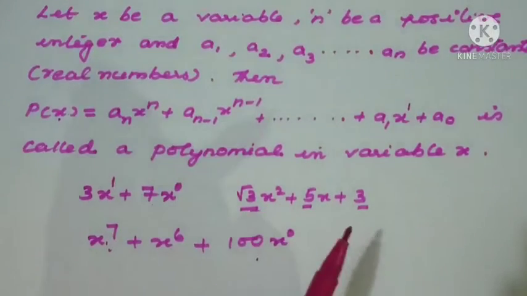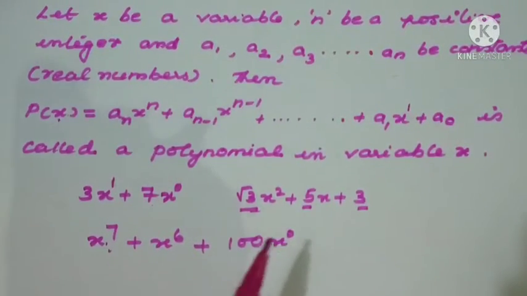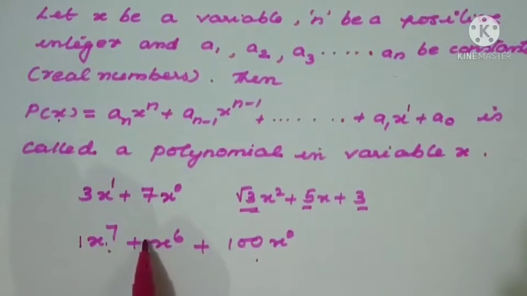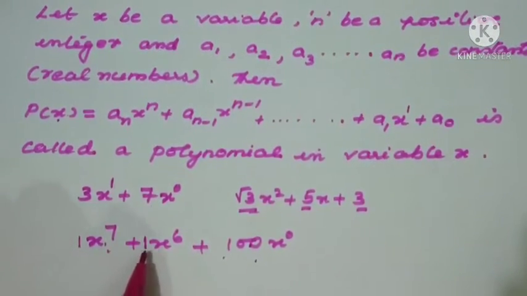So the power of x is a positive value, or a whole number is confirmed. What about the coefficient of x? It is 1. Here also 1, here it is 100, or we can say a constant. So all the coefficients are real numbers only. Now these are all examples for polynomials.